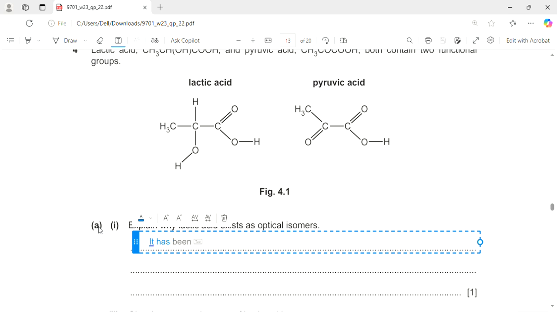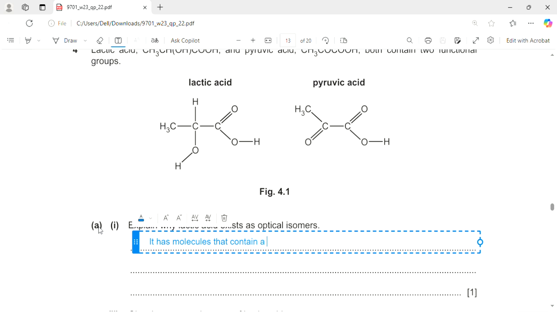It has molecules that contain a chiral carbon.